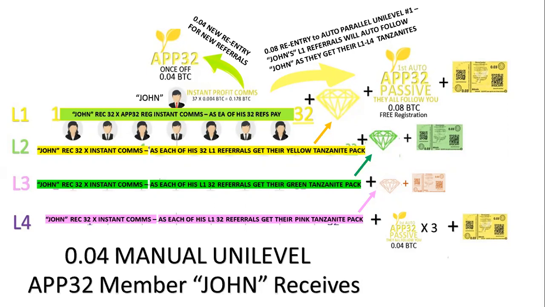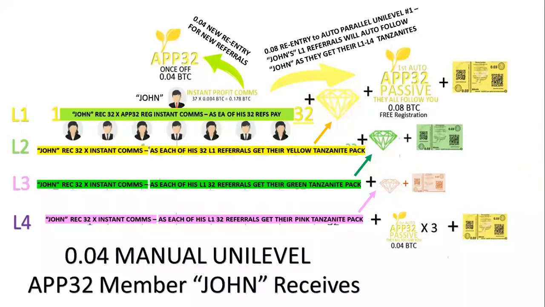And this is where it now gets exciting, because those 32 people that you've got on level 1, they want to do exactly the same. They want to get their 32s so that they can get a yellow Tanzanite in the Adshare matrix. Now, as soon as each and every one of those get their 32s, they each get a yellow Tanzanite.